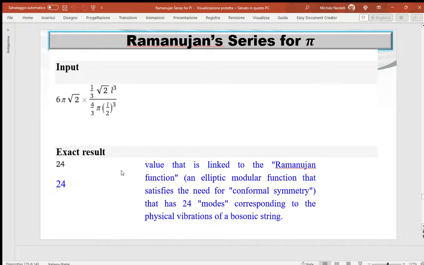A value that is linked to the Ramanujan function that has 24 modes corresponding to the physical vibration of a bosonic string.